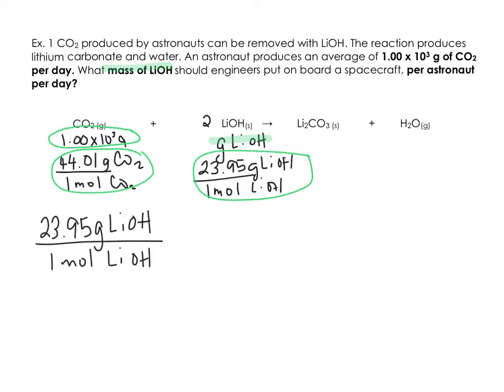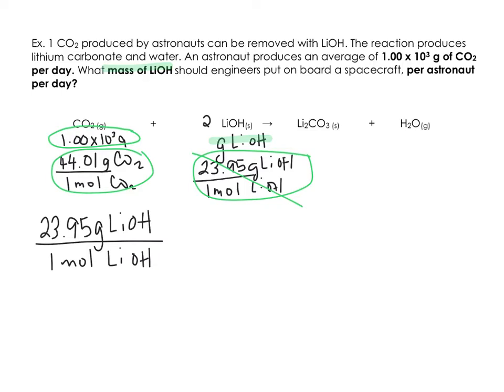So what we need to do is now look at the denominator, and we need to get rid of moles of LiOH. We've used this ratio already, so we can't use it again.